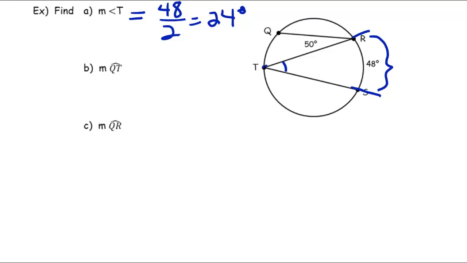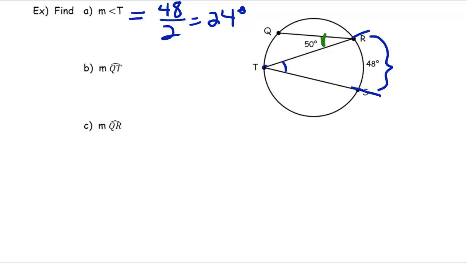Now, what's the measure of arc QT? Here's the angle R that intercepts arc QT. And so if you remember, the angle measure is half of the arc.